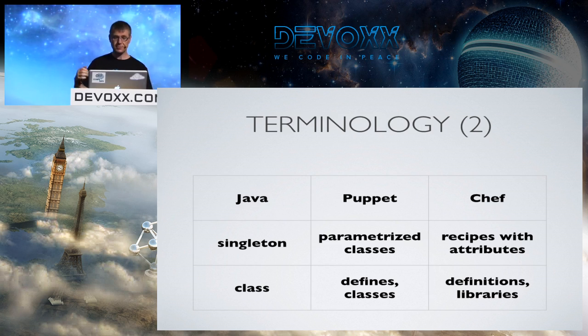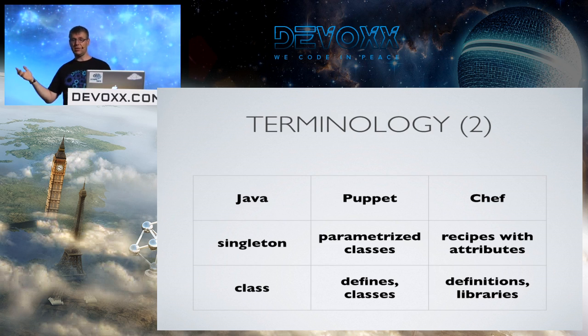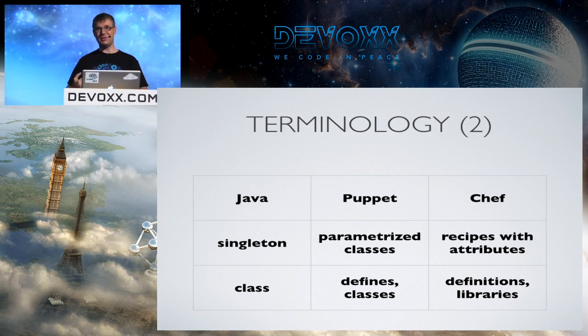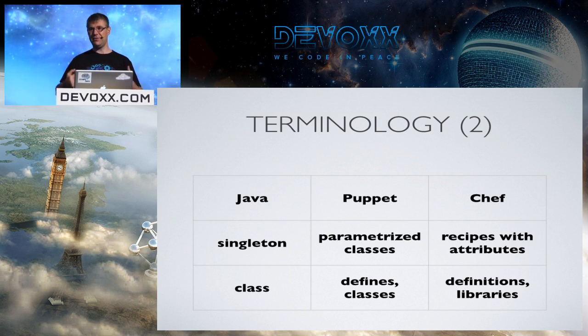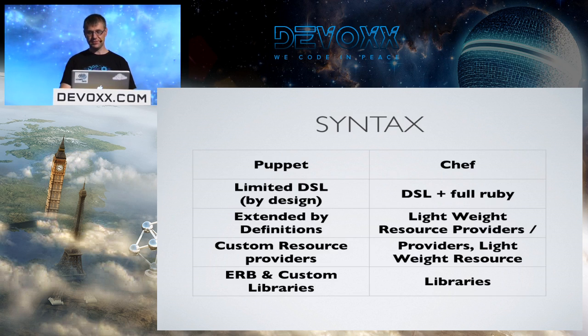In Chef, they call it a recipe with attributes and definitions of libraries. The differentiator is quite subtle, and the guys from Puppet wish that classes had never existed, that they never went with that term, but that's how it is in the language now. But be aware if you go to one of these languages.